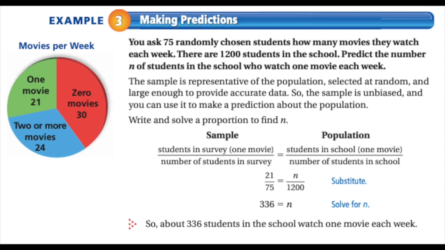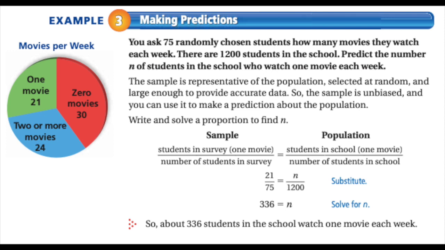First off, you have to set up a proportion, and you can see that they took 21 over 75. The 21 is the 21 people that watched one movie. The 75 are the total people that they surveyed for this. They set that proportion equal to n over 1200.